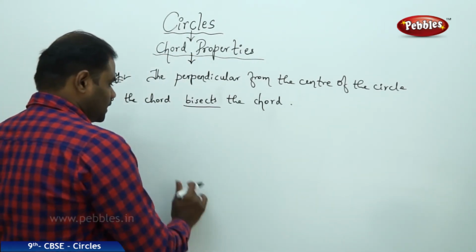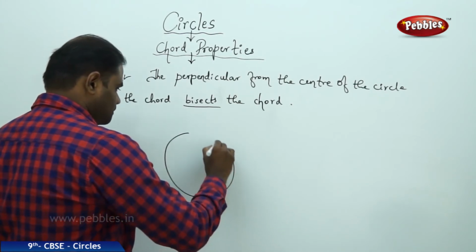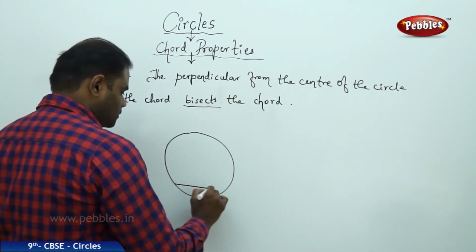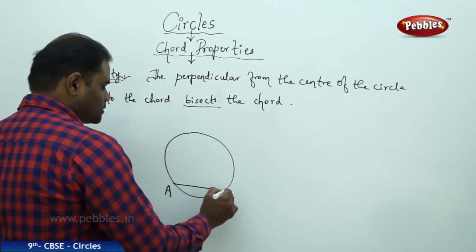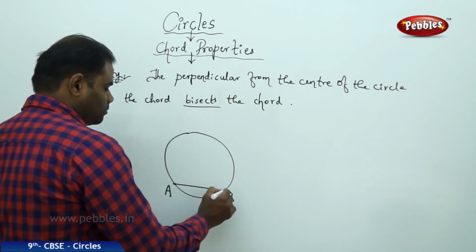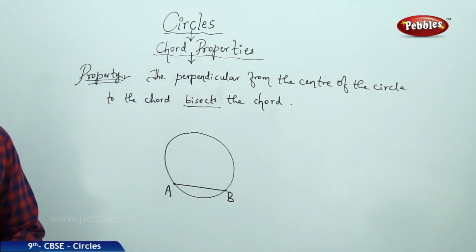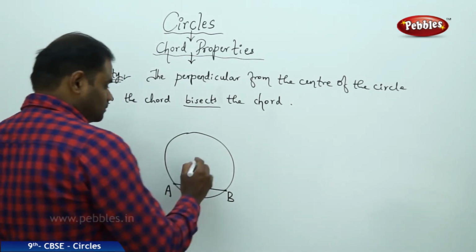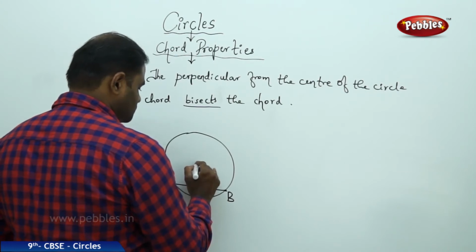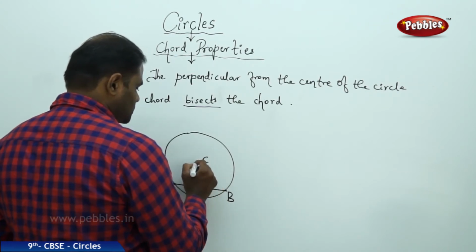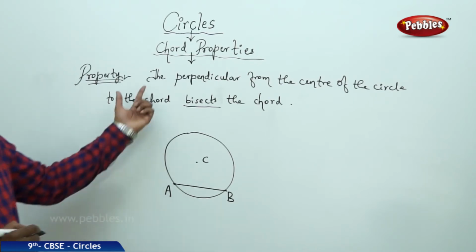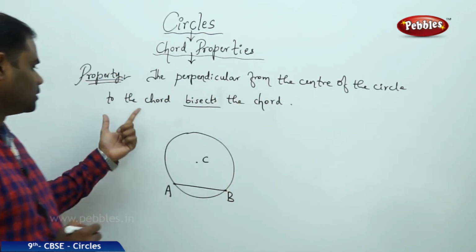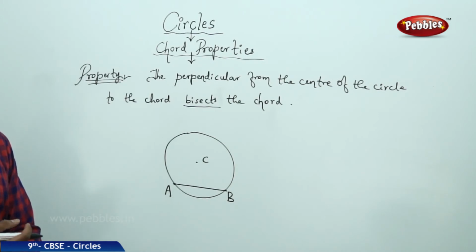So here I take a circle, I take a chord. So here AB is my chord connected with endpoints A and B on the circle. Now let's take the center of the circle. Here is the center of the circle. Now the property says the perpendicular from the center of the circle to the chord bisects the chord.